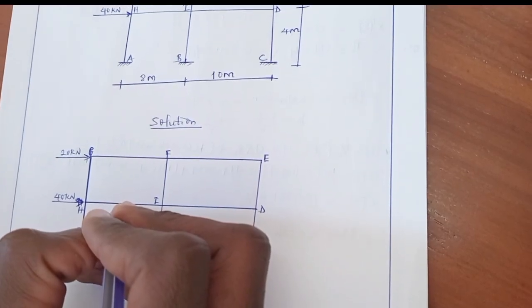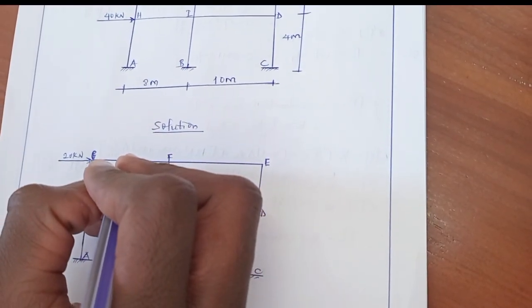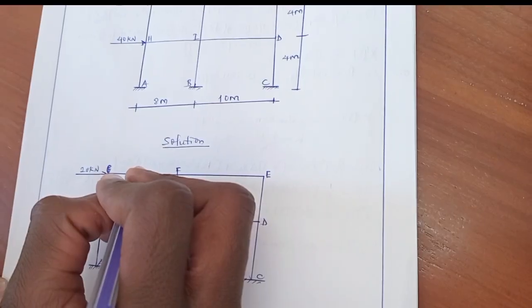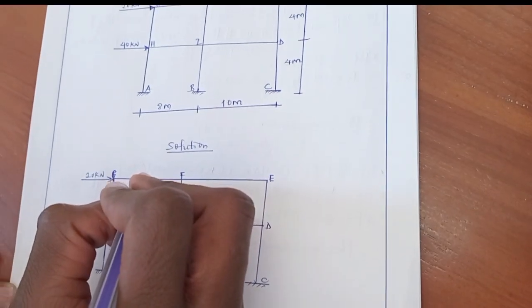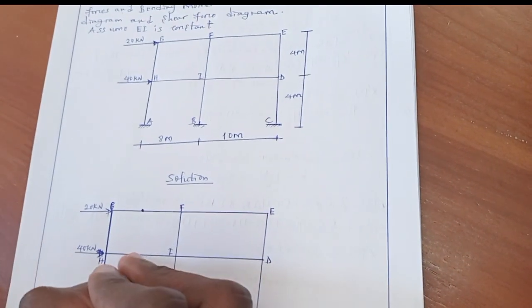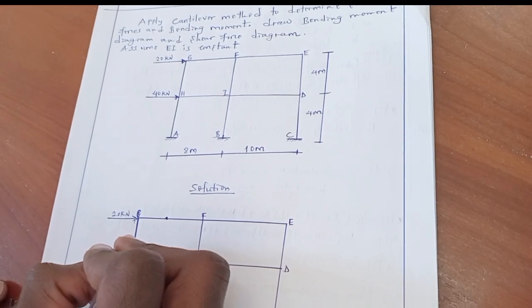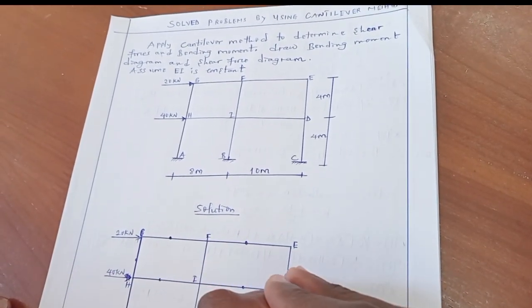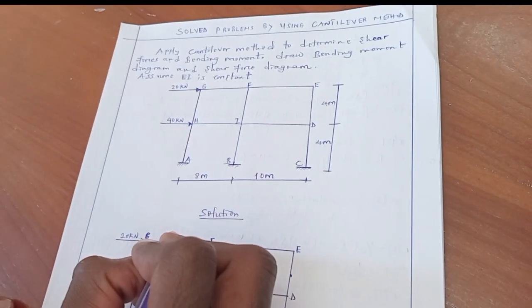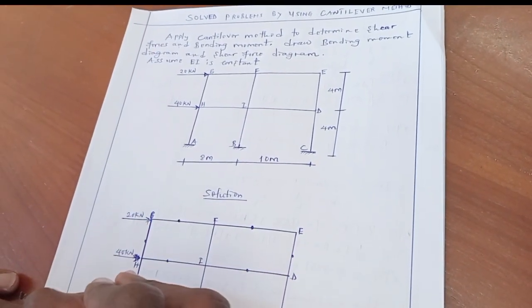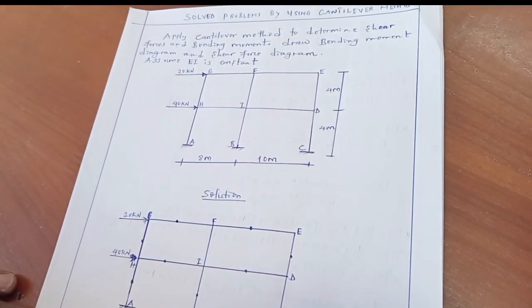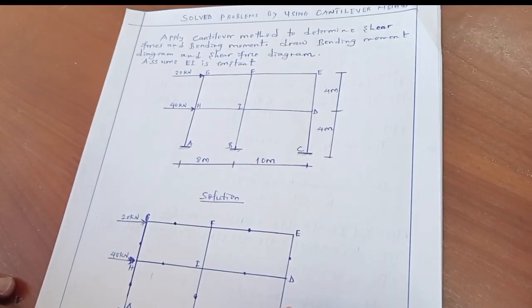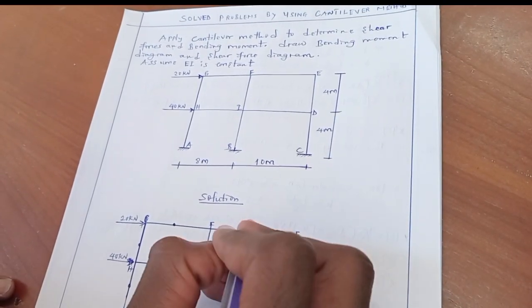Inflection point is a point of zero moment, and this point occurs at the center of the system. This is an imaginary point.